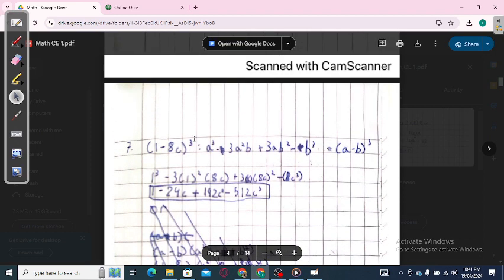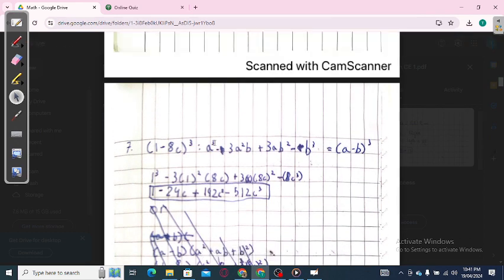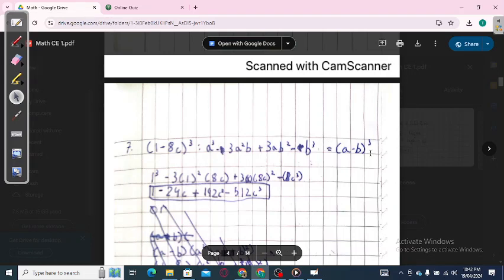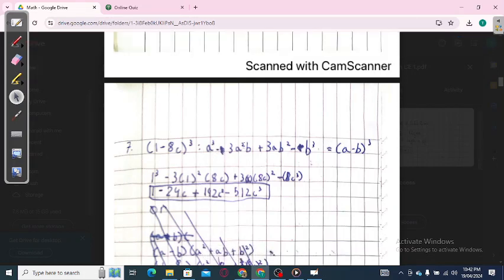Now, this part might be a little blurry. That's on me. I am really sorry. To expand, the formula of a minus b cubed is a cubed minus 3a squared b plus 3ab squared minus b cubed. This is really long, I know.